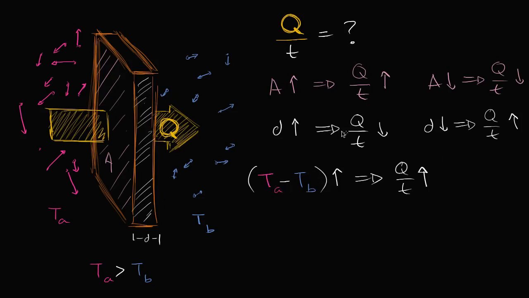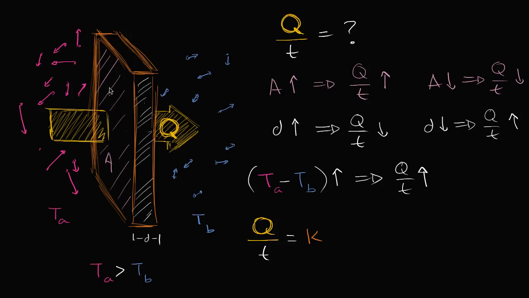So how can we encapsulate all of this intuition into a formula for describing thermal conductivity, for thinking about how quickly this heat will be transferred, the rate of heat transfer? Well, hopefully this comes out of a little bit of common sense or intuition of what would happen here. The rate of heat transfer is going to be proportional to the area.